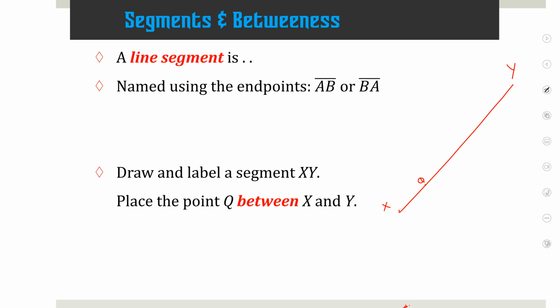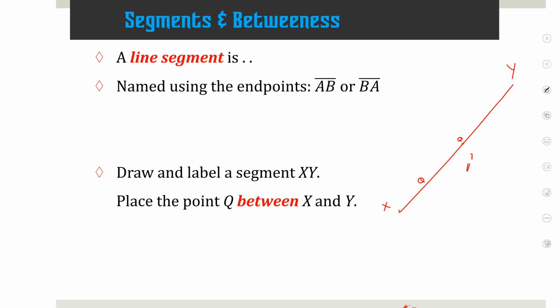Q is between X and Y. Annie, go to the board, put Q on there, please. Is that also between? Was that a yeah or a no? Yes. How many different locations could you put Q? An infinite number, right.